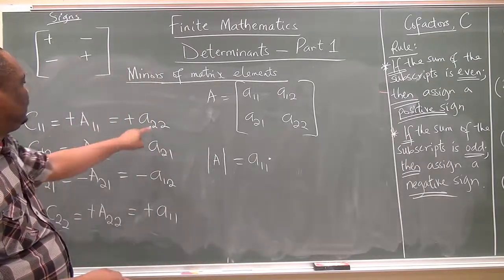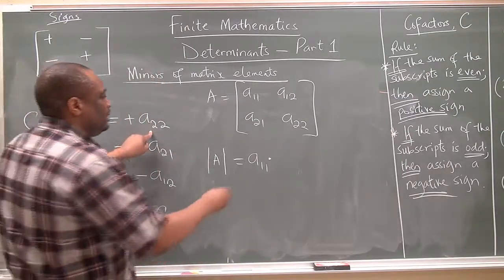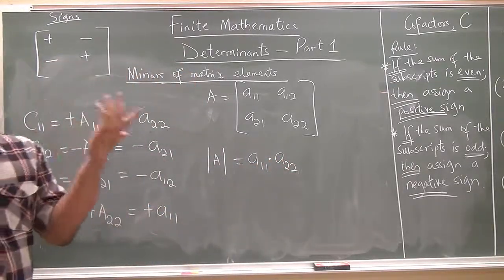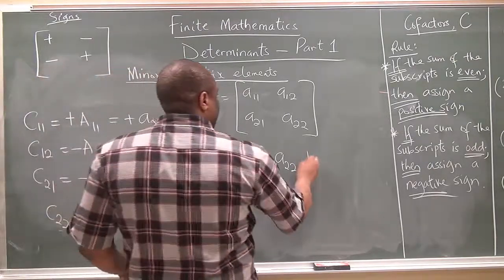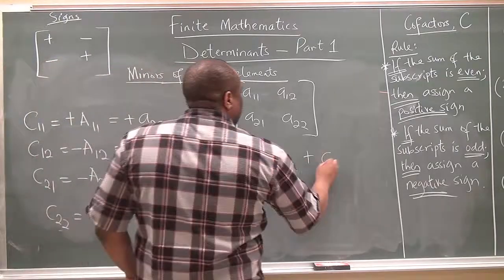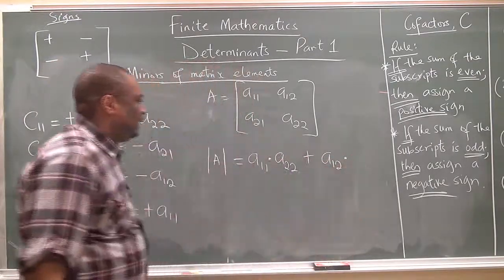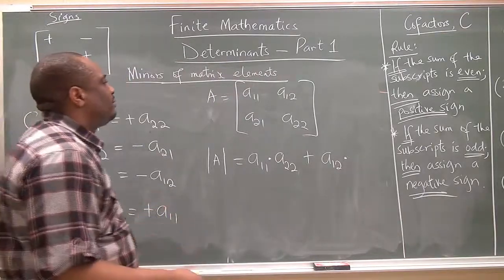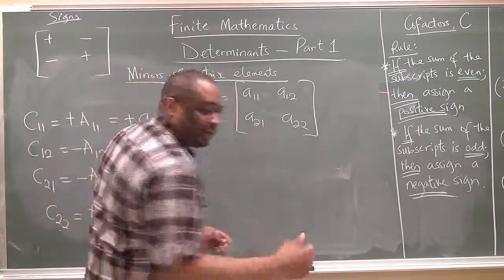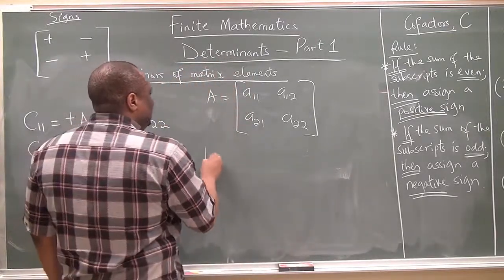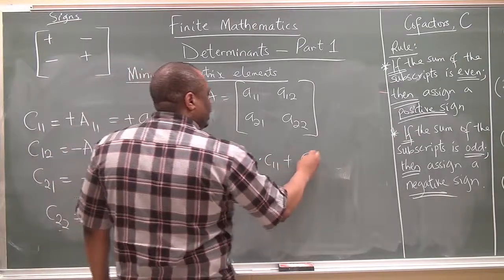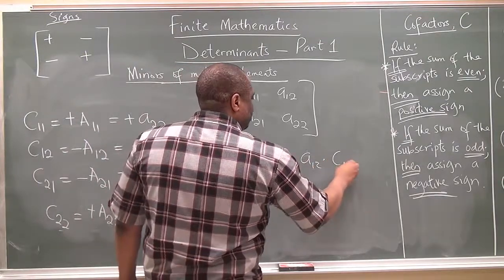My C11 is what? Plus A22. So this will be A11 times A22. Then plus A12 times C12. Let me just write this formula again so that you will follow me along, or you can look in your book where you wrote it. We see that this is A11 times C11 plus A12 times C12.